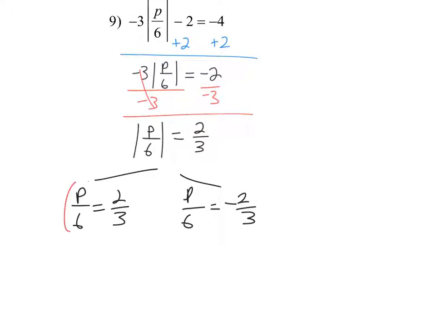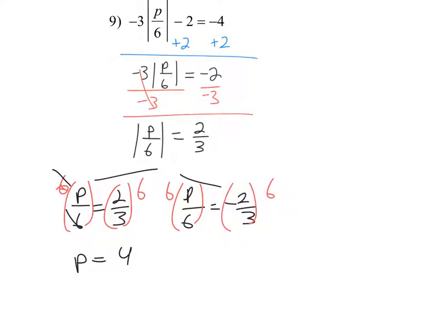To get rid of this 6, you'd multiply both sides of both equations by 6. The 6's will cancel out, and you'd be left with p equals 4 and p equals negative 4.